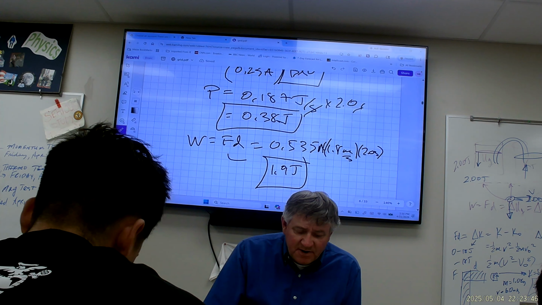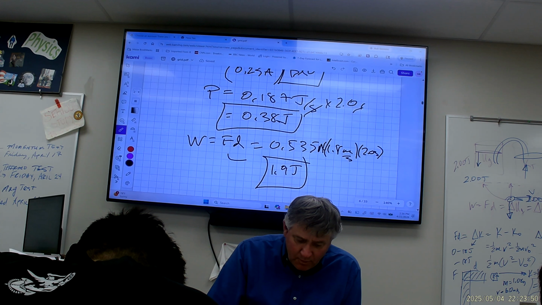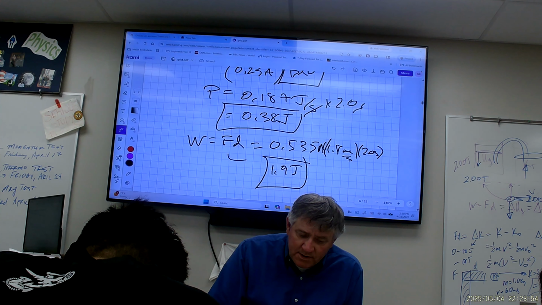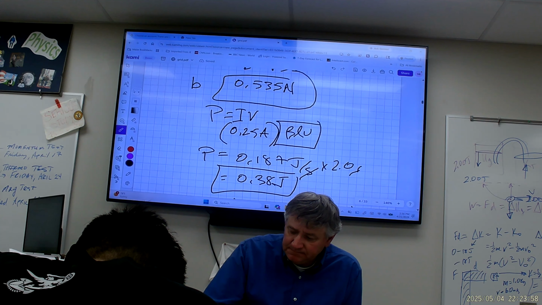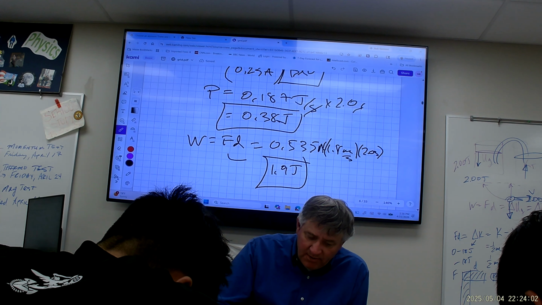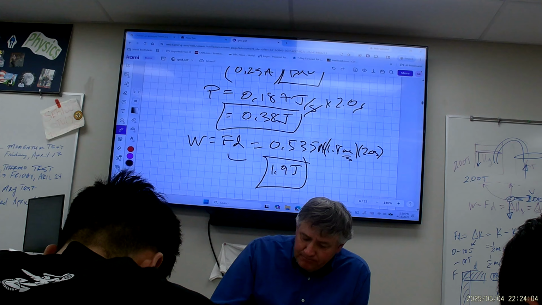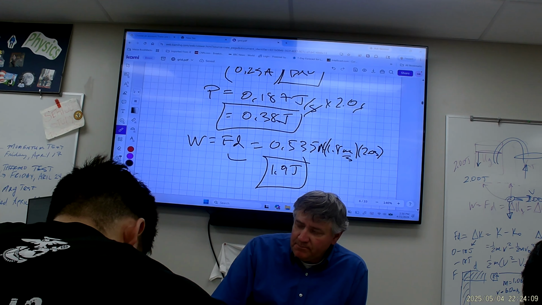Then it says compare your answers to parts C and D. Provide a physical explanation of why they are equal or unequal. When you look at your answer to C, what do you get? Your answer to C is like 0.38. This answer is 1.9.